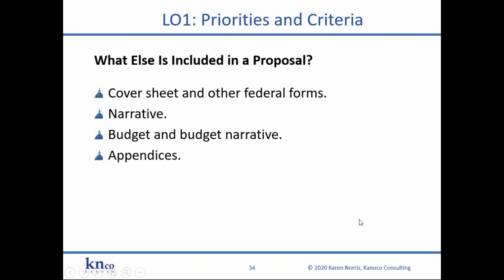So what else is included in a proposal now that we've gone through typical merit criteria? So there will be a cover sheet and other federal forms, a whole bunch of federal forms. And if you want to get an idea of some of the federal forms that are included in a typical federal proposal, you can go up to grants.gov, where you would be submitting the federal proposal.